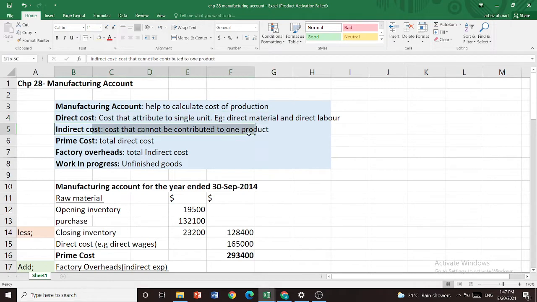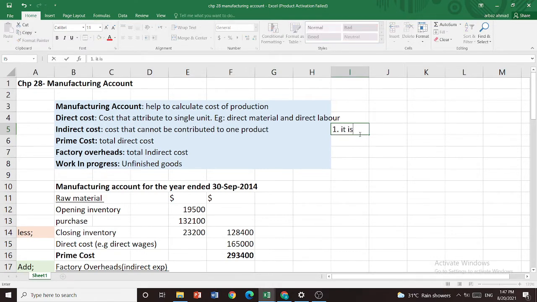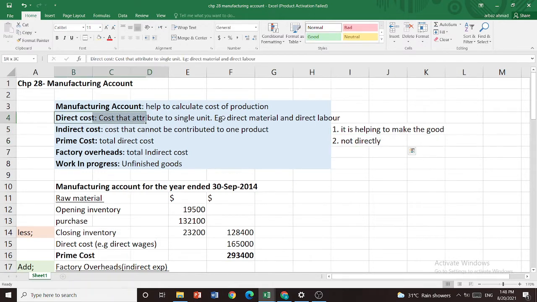But if you don't know how many units it is producing, but it is helping you to produce that unit, so the one thing you need to know is it is helping you to make the goods, and the second is that it is not directly. In this one it is helping you and it is direct.